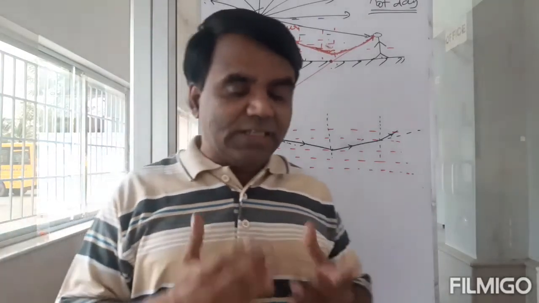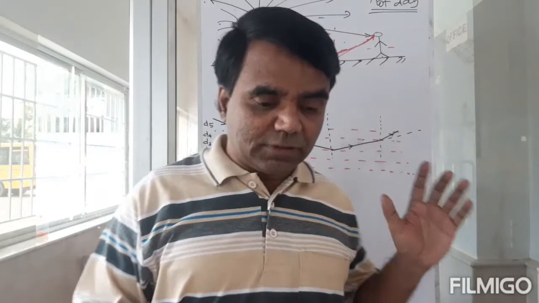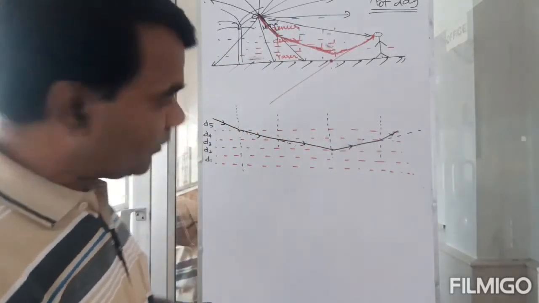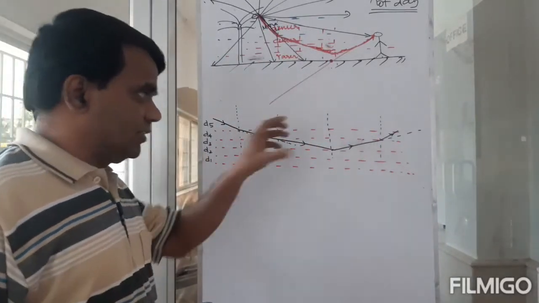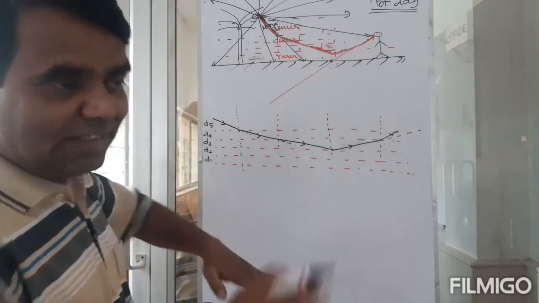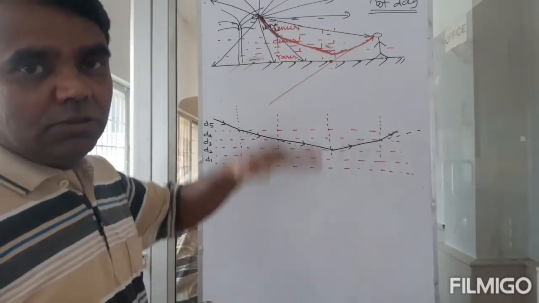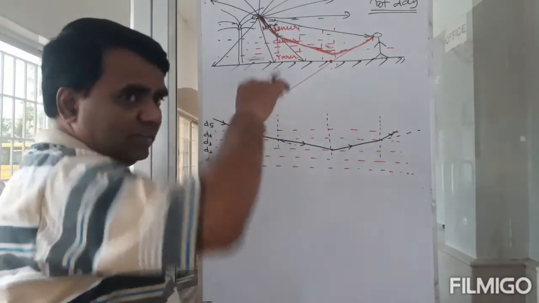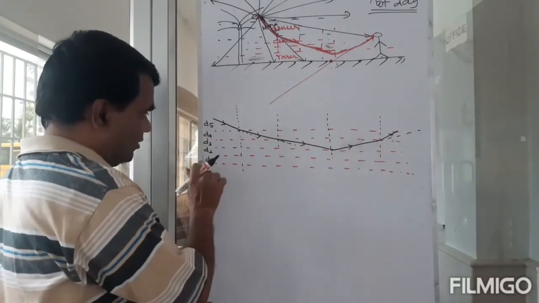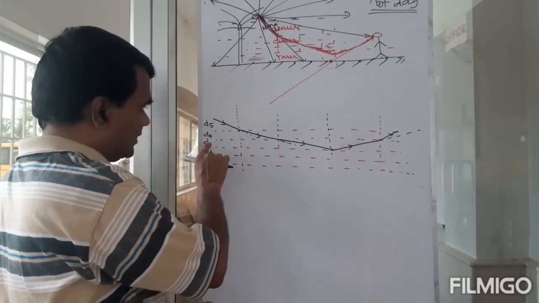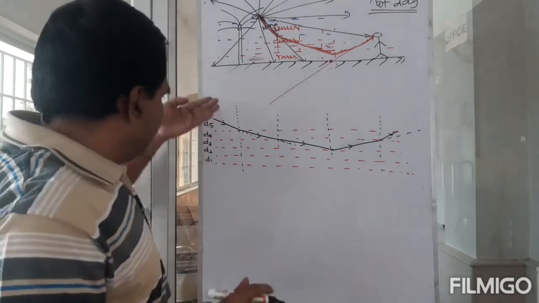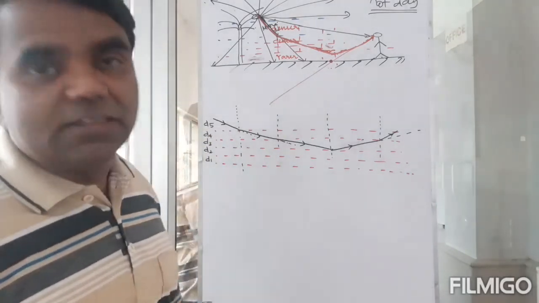To explain the phenomenon better, I have drawn this picture. This picture has different mediums layered one on top of another: D1, D2, D3, D4, D5, mediums of different optical densities.